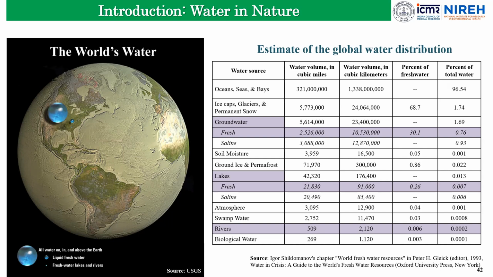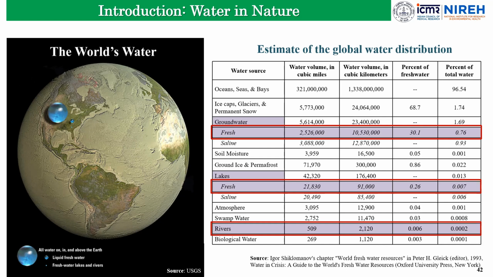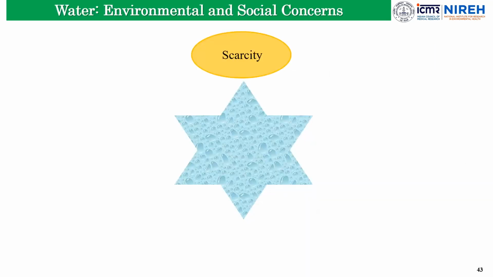So you can understand how scarce this resource is and how judiciously we need to use it, because we have already seen that it is important for our body functions and it is very scarce. So now we will see the various social and environmental concerns related to water. Generally, when water comes up, we think about pollution, but water scarcity is another very important factor that we need to look into.